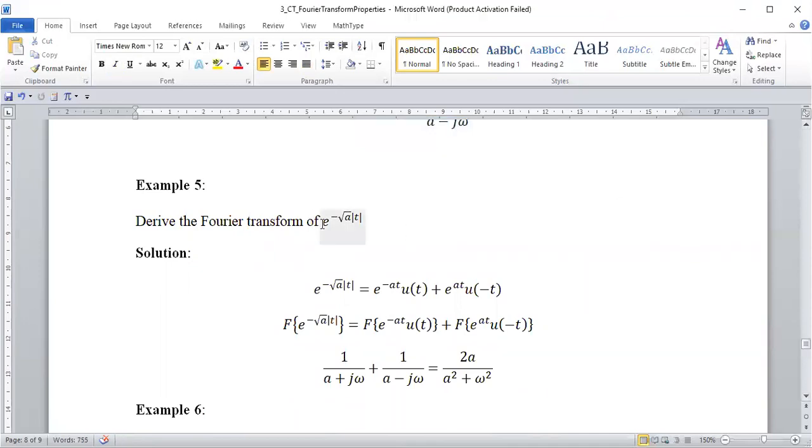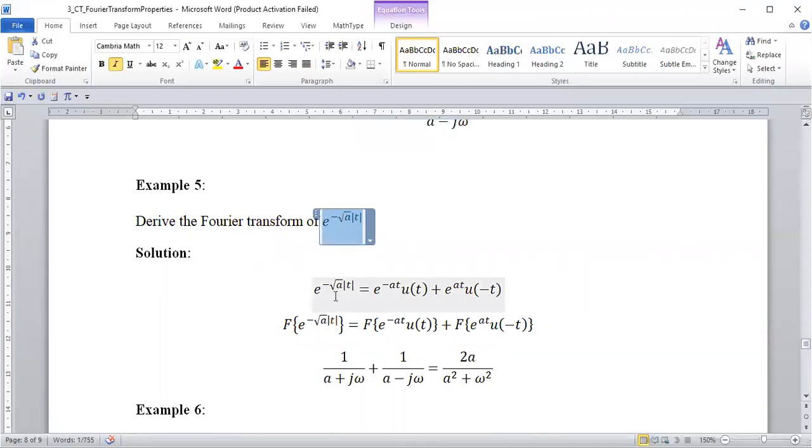And we are asked to derive the Fourier transform of this function. So this function can simply be broken down into this. So here you have an absolute value of t. So actually this function is, when t is positive, this is the case of when t is positive, and this is the case of when t is negative, because here is the absolute value, and the absolute value is equal to the positive and the negative value.